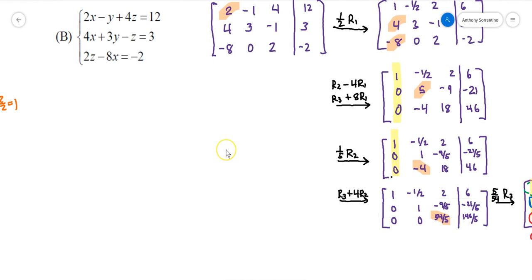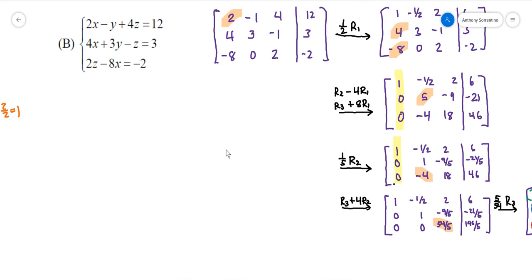So I opted just to say, okay, well, 2 times z, which we established already to be 73 over 27, minus 8x equals negative 2. Negative 8x equals negative 2 minus 2 times 73 over 27, which is negative 200 over 27.